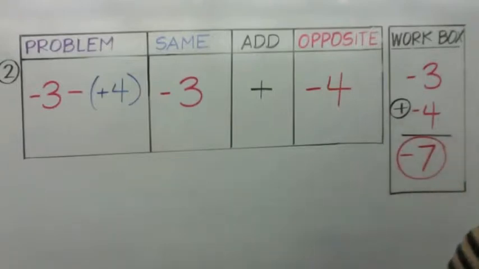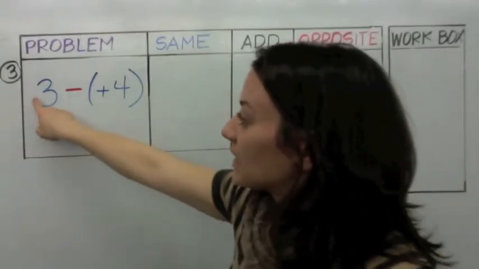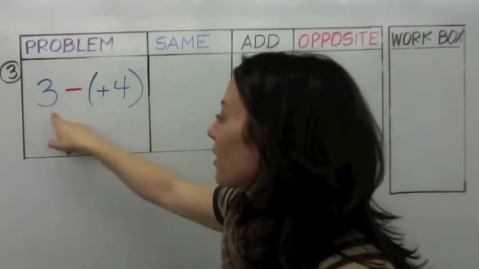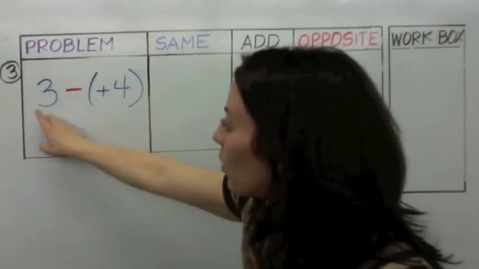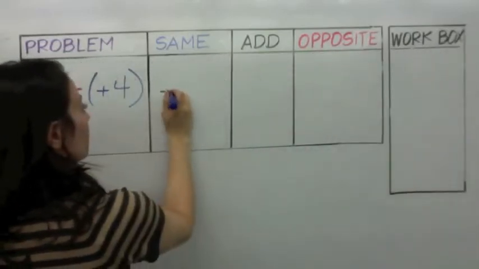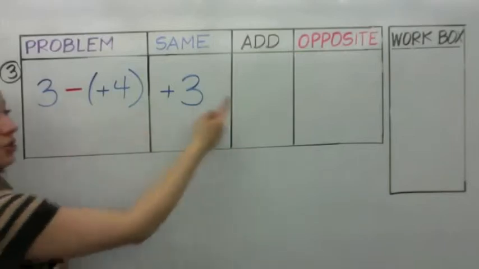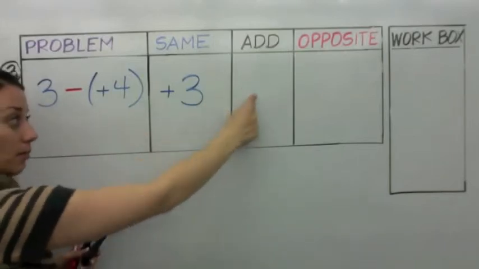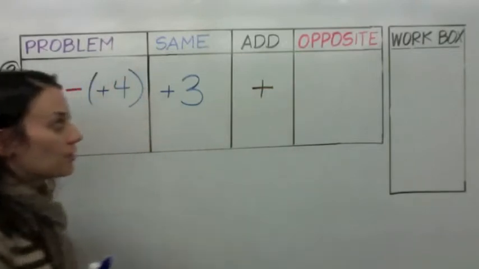Very good. Okay, read problem number 3 with me. It says positive 3, what does it say? Positive 3 minus a positive 4. So we're going to look at the first integer. What is the same as positive 3? It is positive 3. Okay. Then you change the subtraction sign to addition. So we're just going to put a plus sign where we see add. So we can add integers.